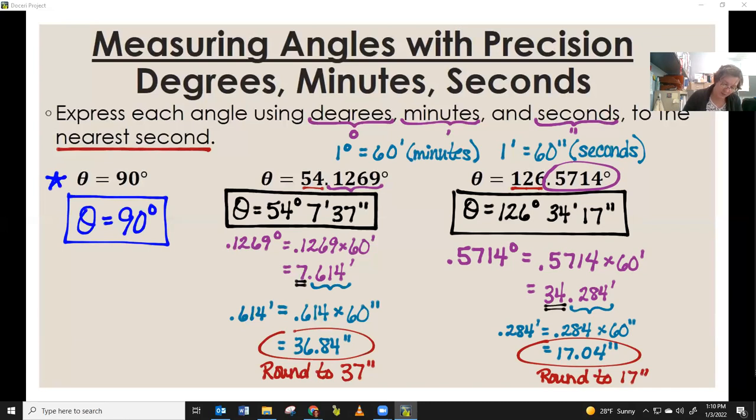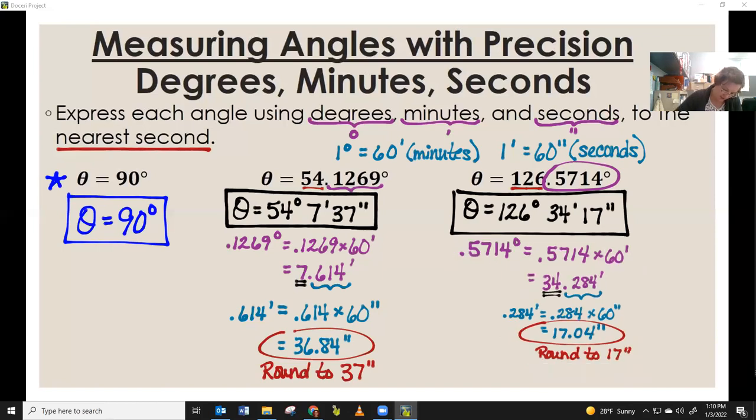You guys have any questions for me about this portion, about going from decimals into degrees, minutes, seconds? If you have any questions, ask them now, because we're getting ready to go the other way.